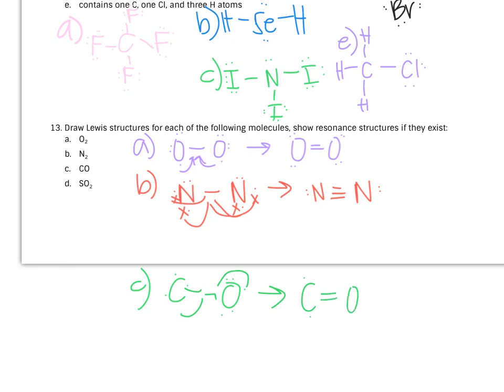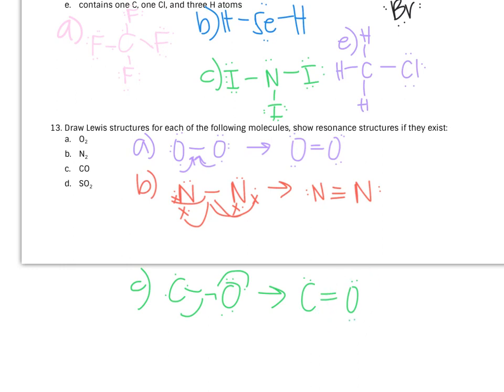But we still have 2 on carbon that are unhappy, and these 2 on oxygen. But we could just take this little electron down here and put it up here, and then everything's great. Let's check. So carbon has 2, 4, 6. Oxygen has 2, 4, 6, 8.